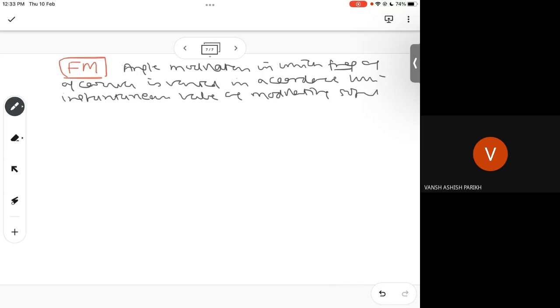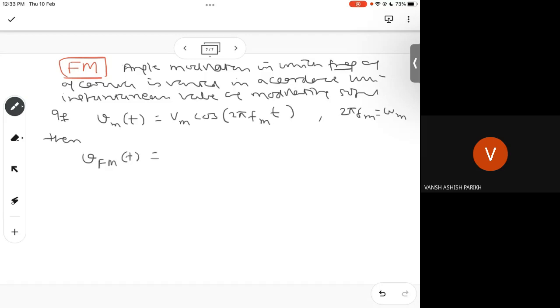So if vm t is equal to Vm cos 2 pi fm t, which is also omega m, then we can write down vFM t is equal to Vc cos of 2 pi fc t, which is the carrier frequency, plus mf sine 2 pi fm t.